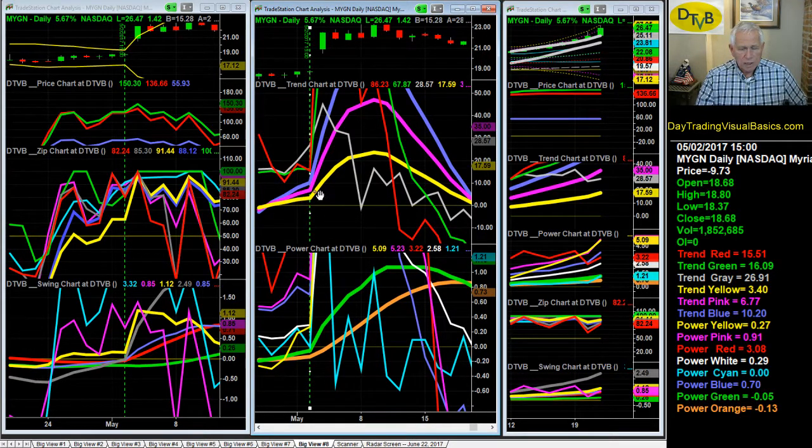In the trend chart, we obviously have trend trio, blue, pink, and yellow above 0, but note that green and orange are under 0, and swing red and green are also under 0. So there's divergence in location between the 7 short-term trend lines, or I probably better said between the 3 groups in the short-term trend lines.